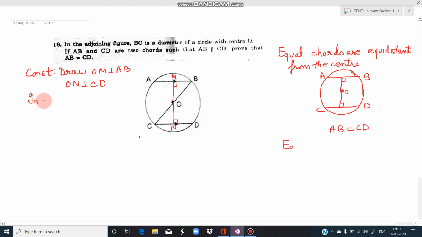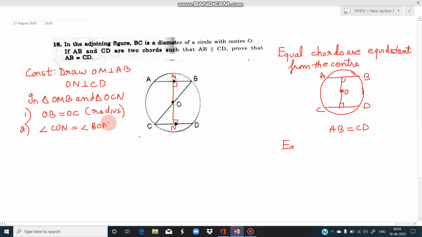So first of all, we take the two triangles, that is triangle OMB and triangle OCN. In these two triangles, OB is equal to OC because it is the radius. Secondly, angle CON is equal to angle BOM because they are vertically opposite angles.